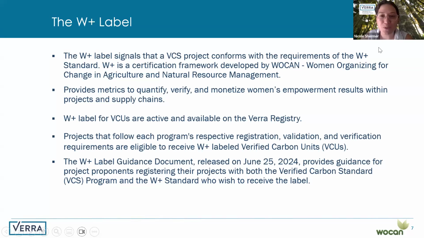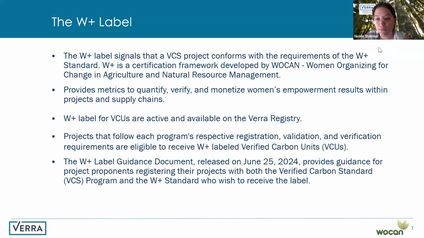You'll definitely hear more about WOCAN and W+ from Jeanette in a moment here. But the W+ standard basically provides metrics to quantify, verify, and monetize women's empowerment results within projects and supply chains. And so the W+ label for VCU indicates that a project is both a VCS project and a project that conforms with the W+ standard.